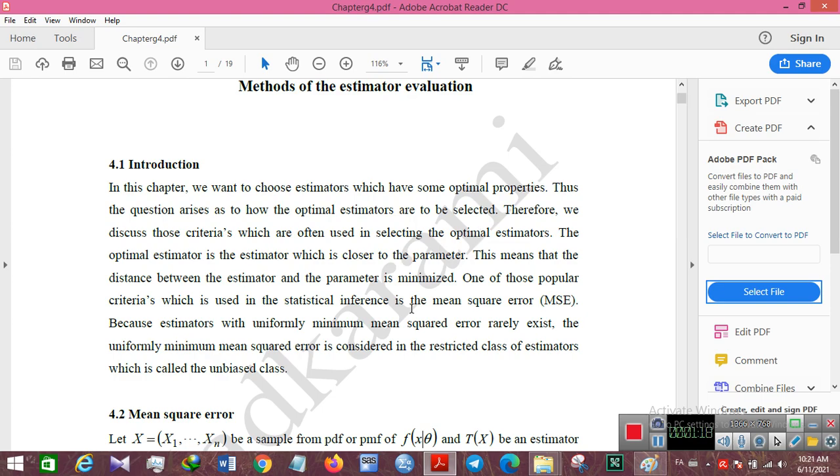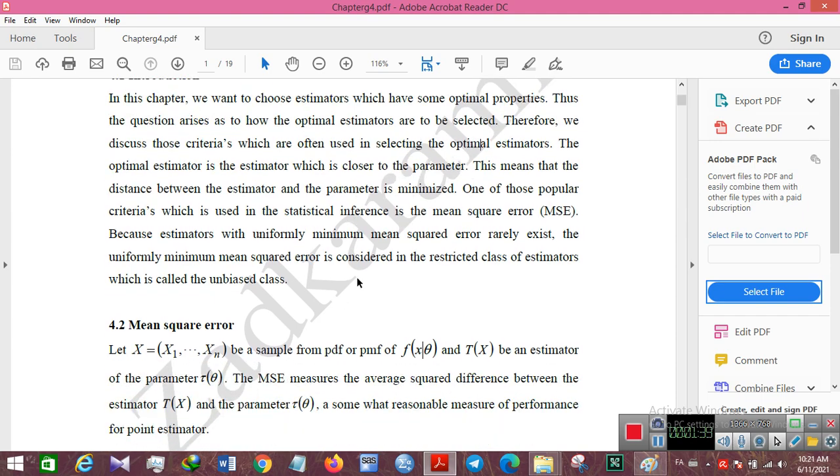So in this part we try to find the estimator which has minimum mean square error. First, we define the mean square error, the criteria of the mean square.